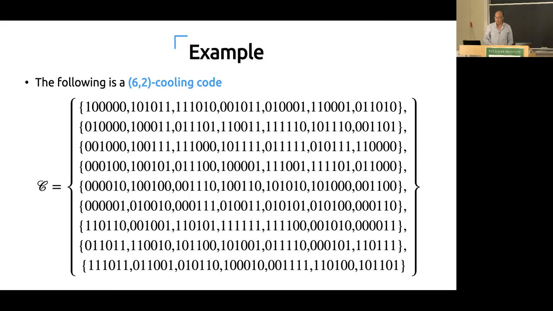As an example, this is actually a 6,2 cooling code. What this means is that if you pick any code set, any row, which means for any message, and for any two hottest wires that you want to avoid transitions on, I can find a vector in that row that has zeros in those two positions.